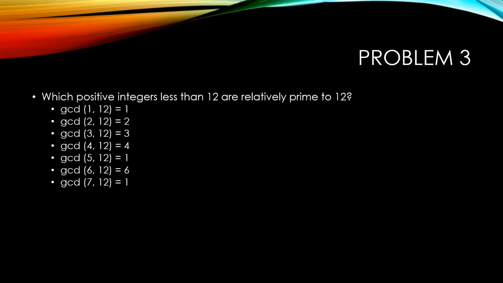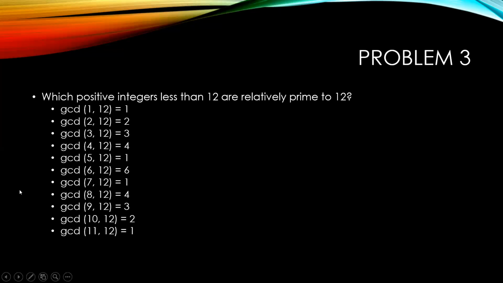GCD of 7 and 12 is 1. 8 and 12 is 4. 9 and 12 is 3. 10 and 12 is 2. 11 and 12 is 1. So it means that 1, 5, 7, and 11 are relatively prime to 12 since the only common factor is 1. Okay, the GCD is 1. So that will be the result of this problem.